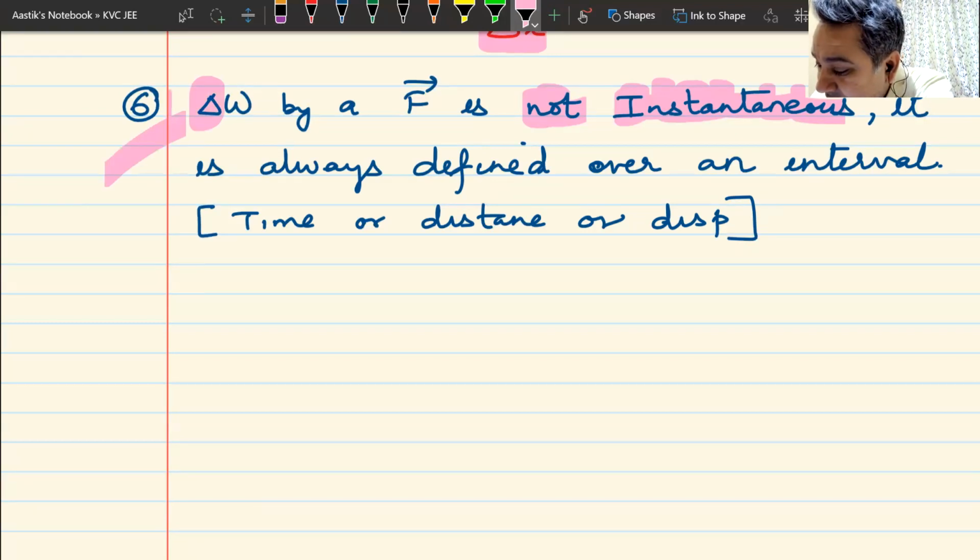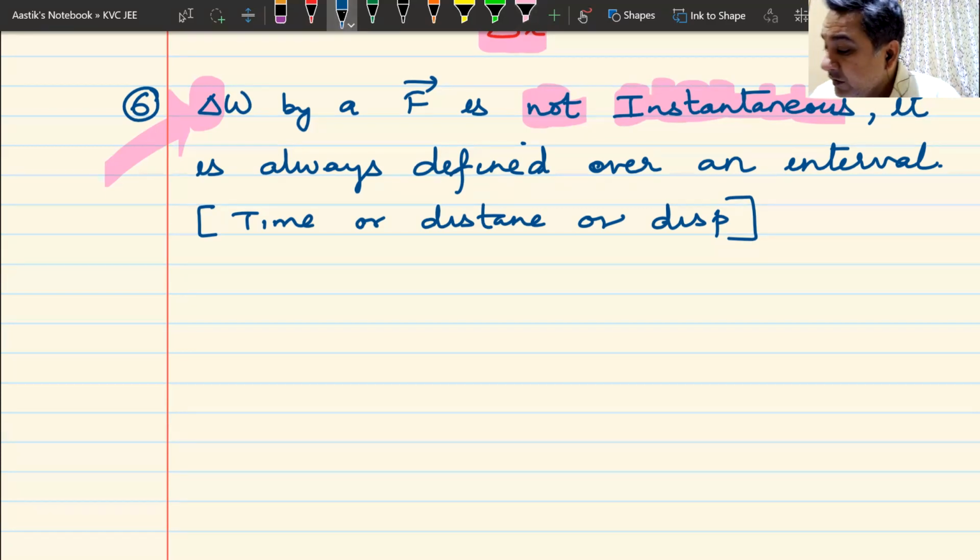This delta symbol tells me that it is always change. And why do I use this delta? Because that reminds me that it cannot be instantaneous. It is always between 2 points or a time interval. Do we understand why I always use the term delta? Because work is not instantaneous. It is always between 2 points or between an interval of time.